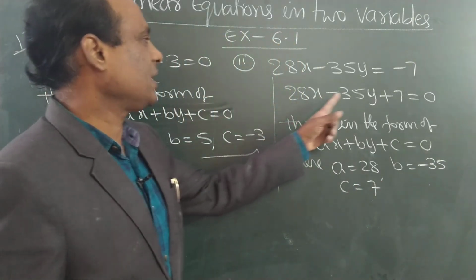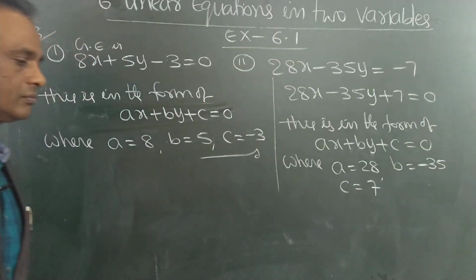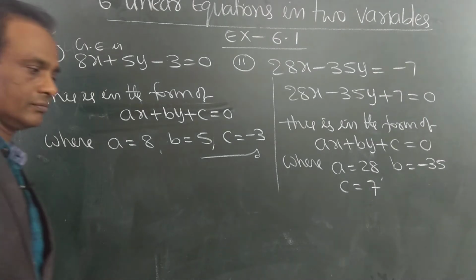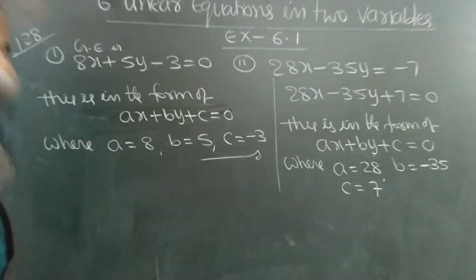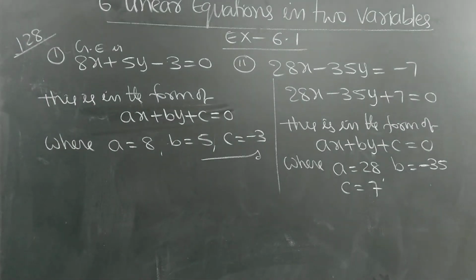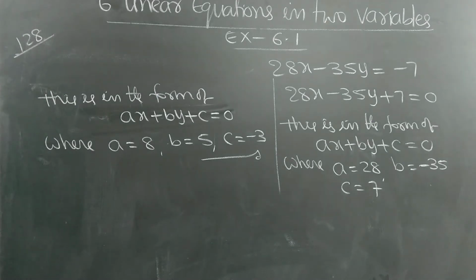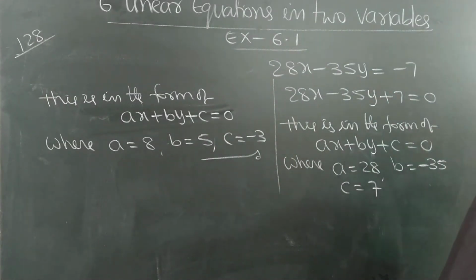A 28, b minus 35, c 7. Same way you do all bits, third bit you write down and do it. Third, fourth, fifth, sixth, seventh, complete all.